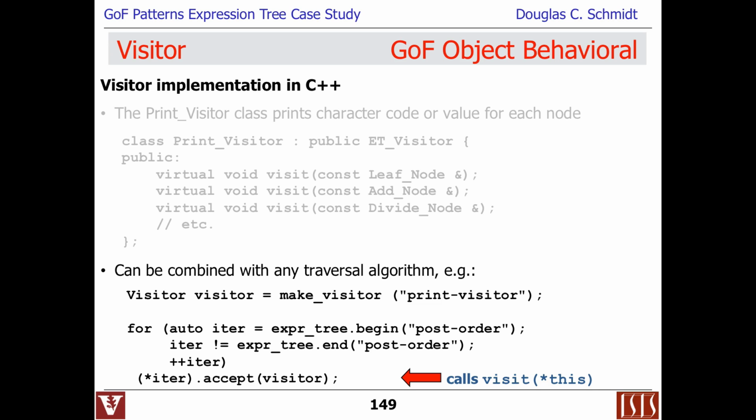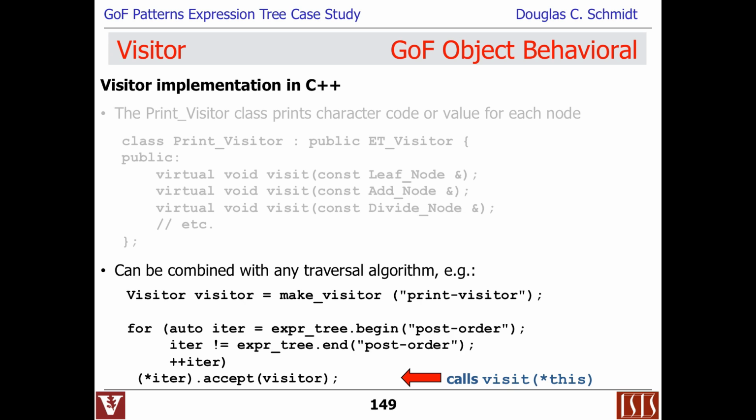Inheritance hierarchies: you can use a pointer or reference to a subclass anywhere you expect a pointer or reference to a base class. So it's more generic. At least in theory, we could come along and change make visitor to make evaluation visitor, or make a semantic analysis visitor, or make a code generator visitor or whatnot. And that code would remain more or less the same, just push the behavior into the factory for making the right kind of visitor.